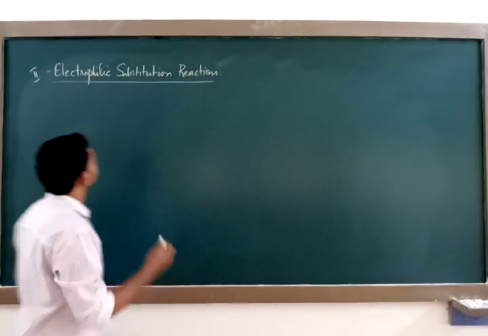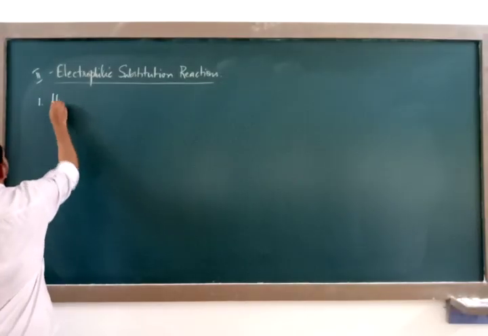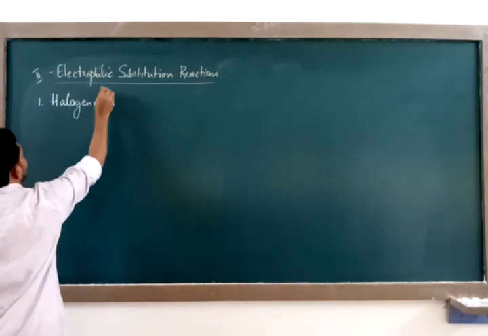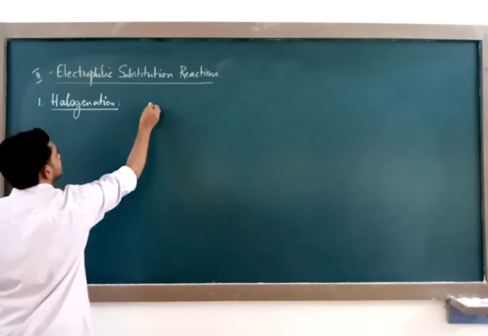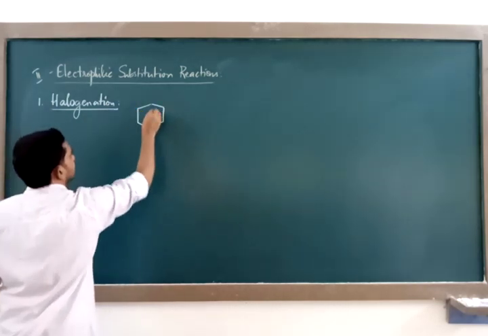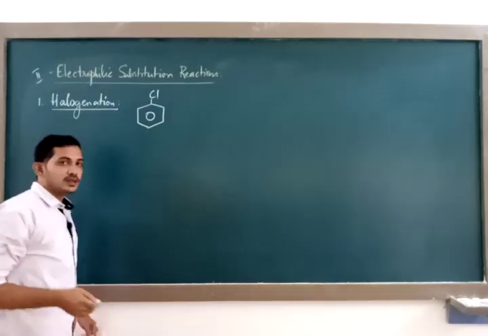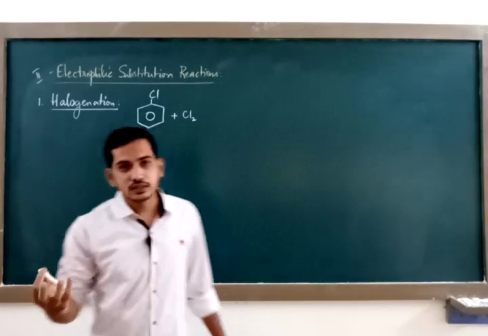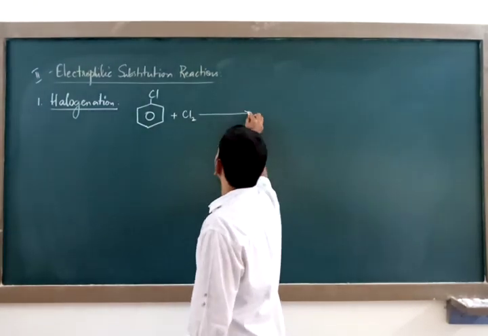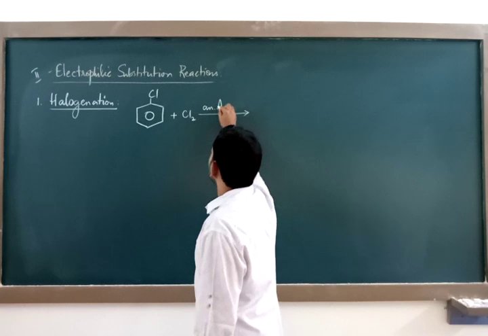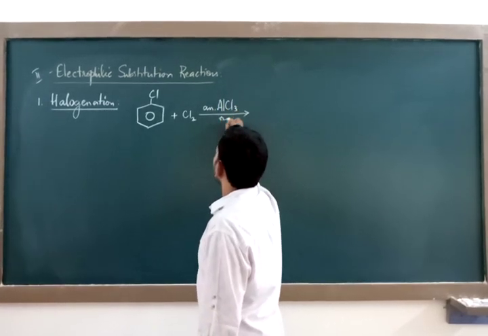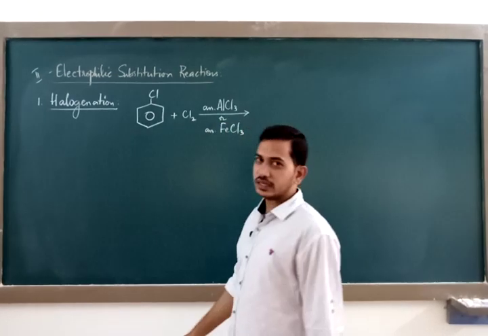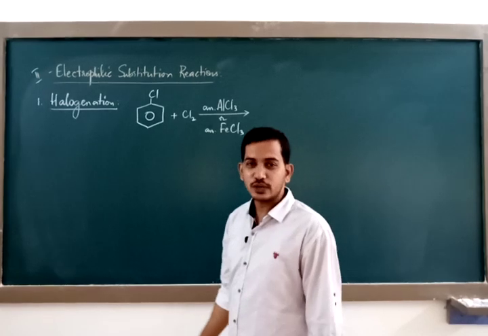Let us see one example. The first example is halogenation. If you are taking chlorine, then chlorination. How is this reaction done? When chlorobenzene is reacted with chlorine. To avoid confusion, I shall take same chlorine only. In the presence of anhydrous AlCl3 or anhydrous ferric chloride, any of these as a halogen carrier, then what two products are to be obtained?